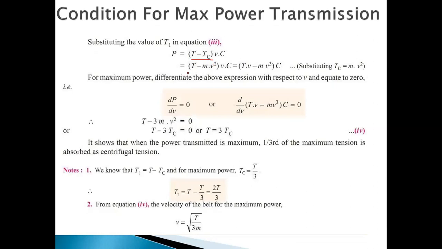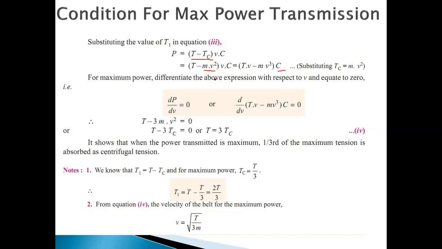Now P is equal to T minus m v square, where m v square is the value of the centrifugal force, or centrifugal tension, Tc is equal to m v square, into V into C. Now T into V minus m v cube, with C the constant.